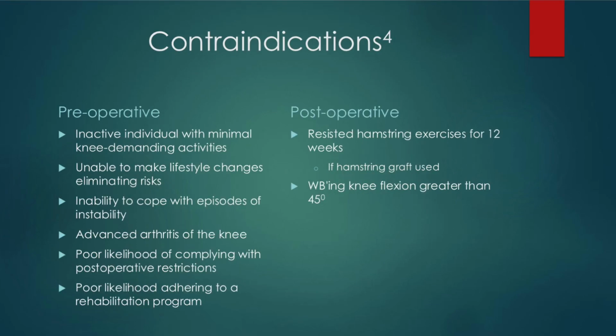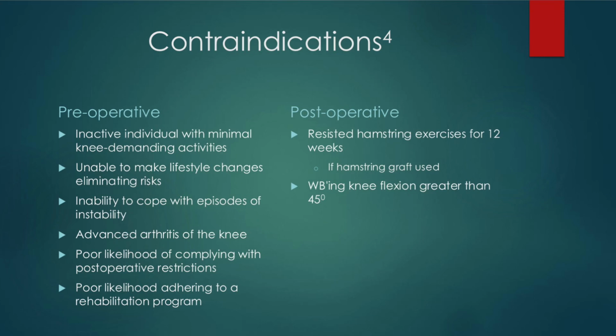Contraindications pre-op are anybody that's sedentary and doesn't live an active lifestyle, those unable to make the lifestyle changes that eliminate the risk, their inability to cope with episodes of instability, advanced arthritis of the knee, and the poor likelihood of them complying with their post-op instructions or going along with their rehab program.